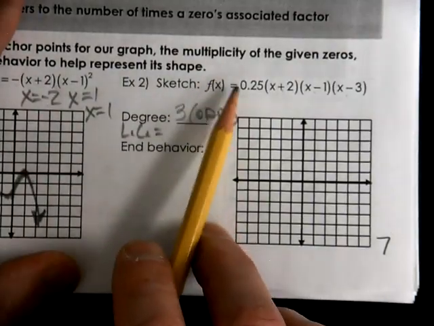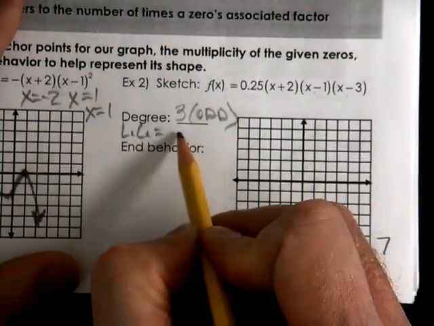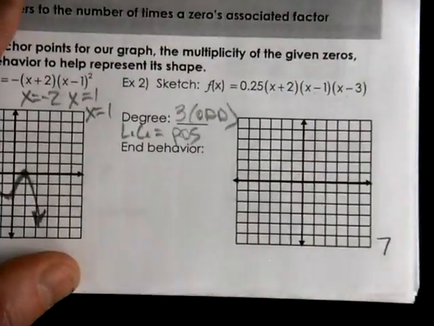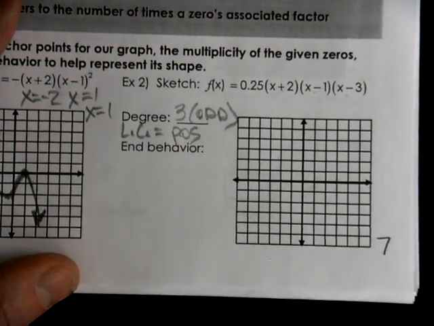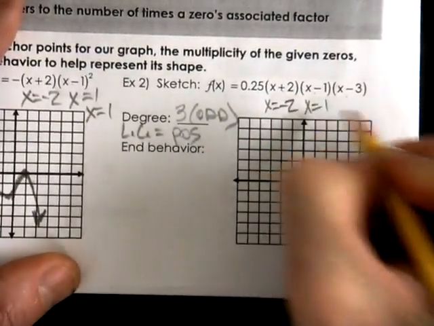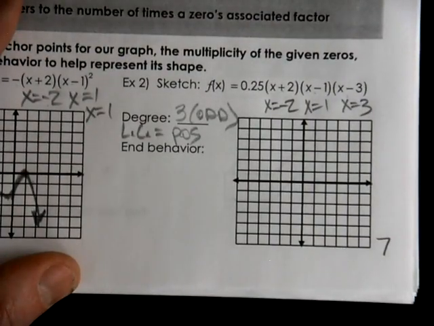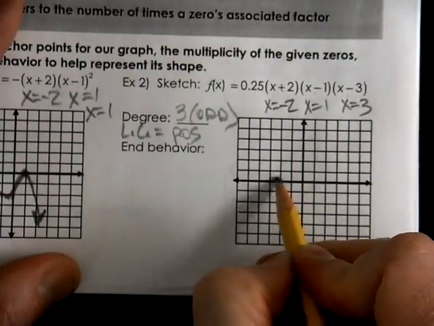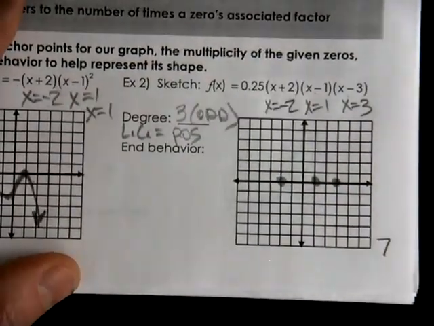We're not paying attention to the 0.25. We're paying attention to that it is positive. That's what you've got to realize. So now we know we have a 0 at -2, a 0 at 1, and a 0 at 3. So I'm crossing at -2, +1, and +3.